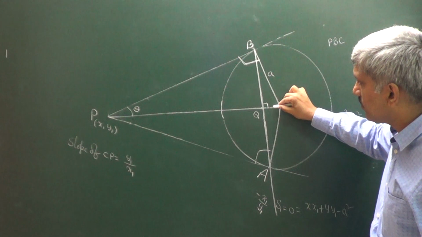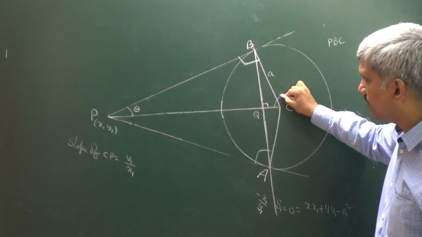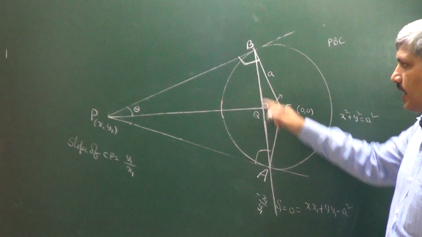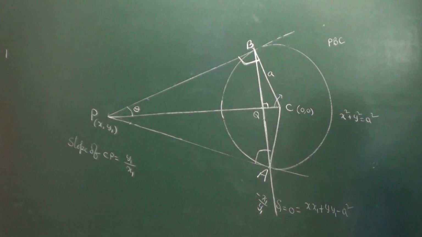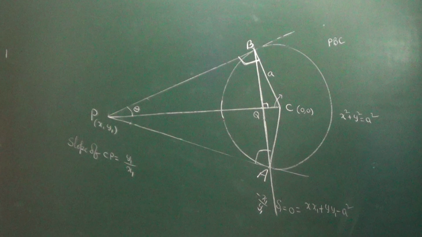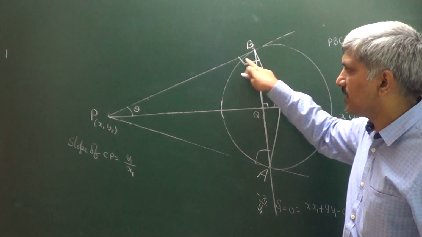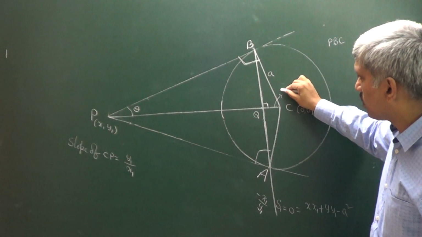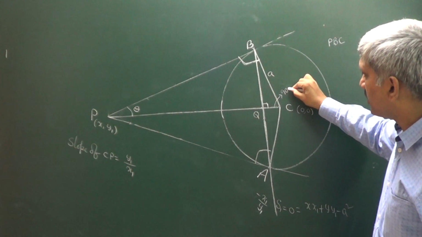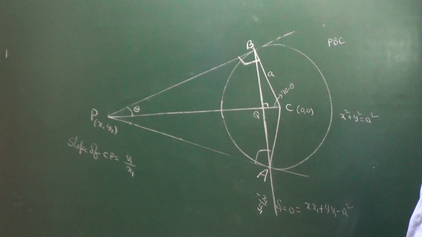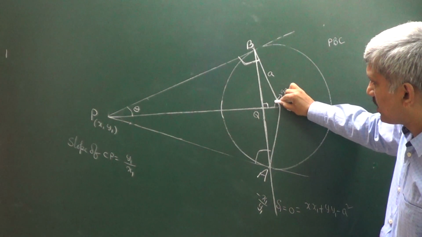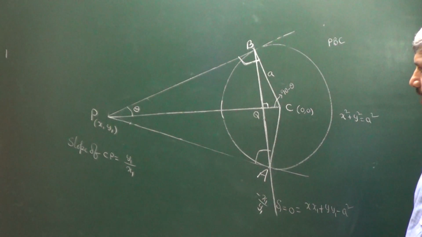Now can you say what about this angle? 90 and this is theta. What about that angle? That angle must be 90 plus theta, right? This is 90 and this is theta. So no doubt that angle must be 90 minus theta. Okay, we got this angle is equal to 90 minus theta, right?